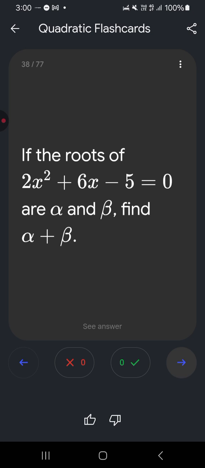If the roots of 2x square plus 6x minus 5 is equal to 0 are alpha and beta, find alpha plus beta.